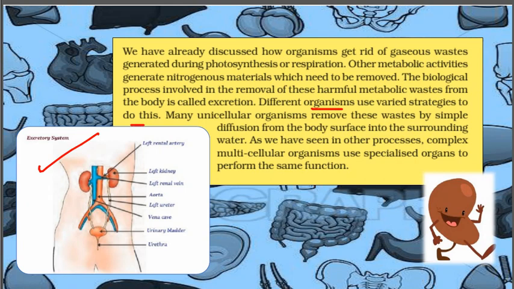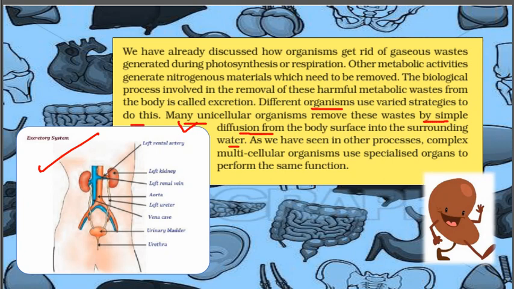Many unicellular organisms, I already gave the example of the amoeba, remove waste by simple diffusion from the body surface into the surrounding water. So they excrete the waste material into the surrounding water, such as the amoeba.